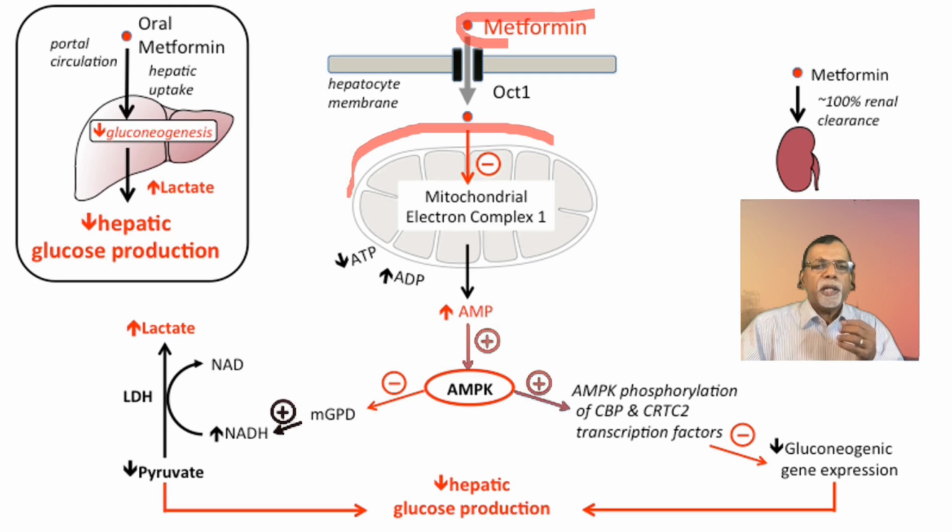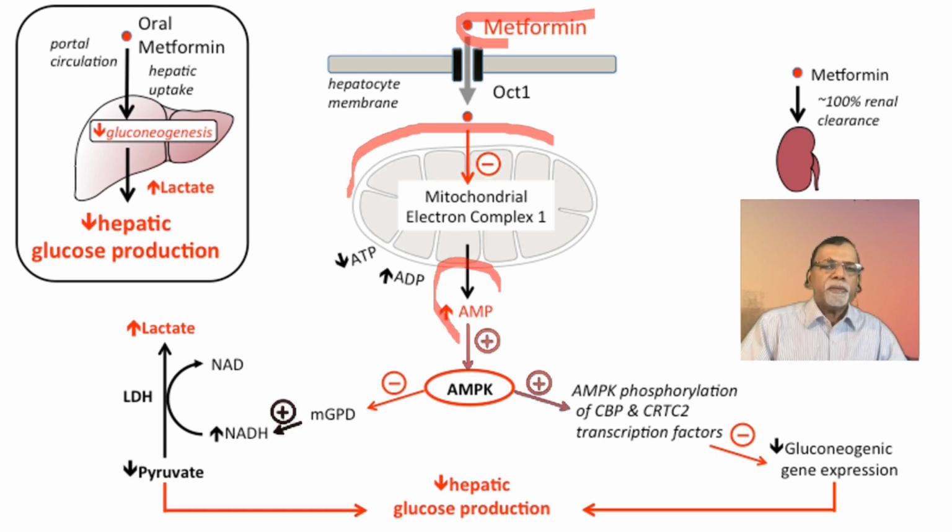So there is interference with mitochondrial electron complex 1, and there is an increase in the AMP. It produces activation of the protein kinase, and this protein kinase has actions in the phosphorylation of other transcription factors, and that leads on to changes in the lipid metabolism.